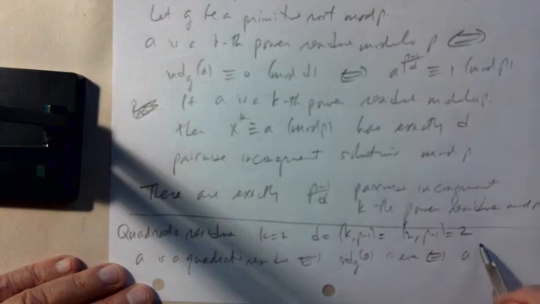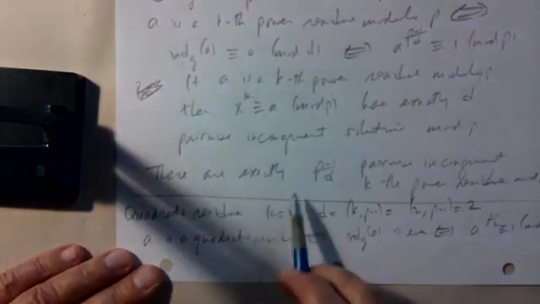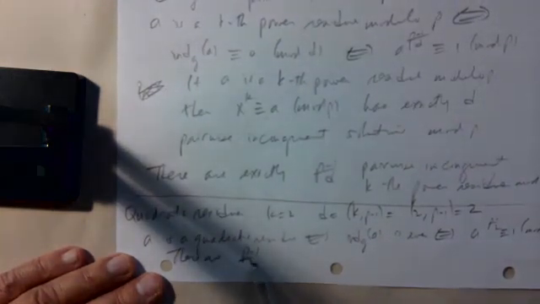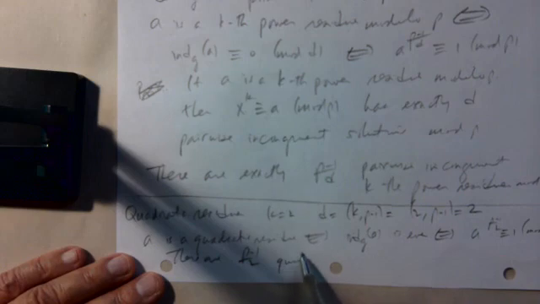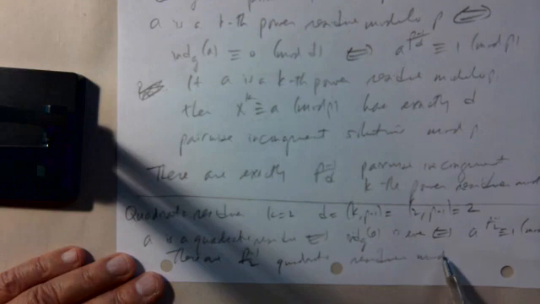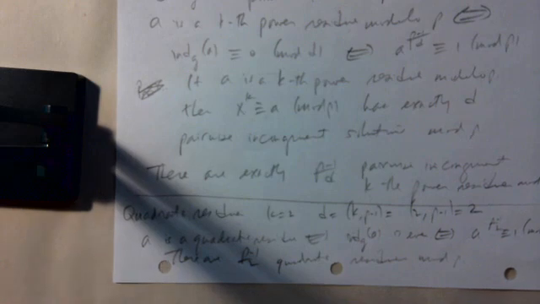If and only if A to the P minus 1 over 2 is congruent to 1 mod P, and there are exactly half, P minus 1 over 2, quadratic residues, mod P. So when we're looking at quadratic residues, half of the non-zero congruence classes are quadratic residues, half are not. And we have a criterion for a quadratic residue.